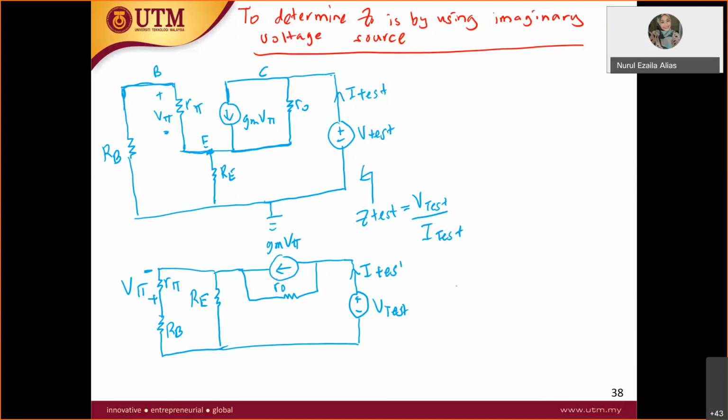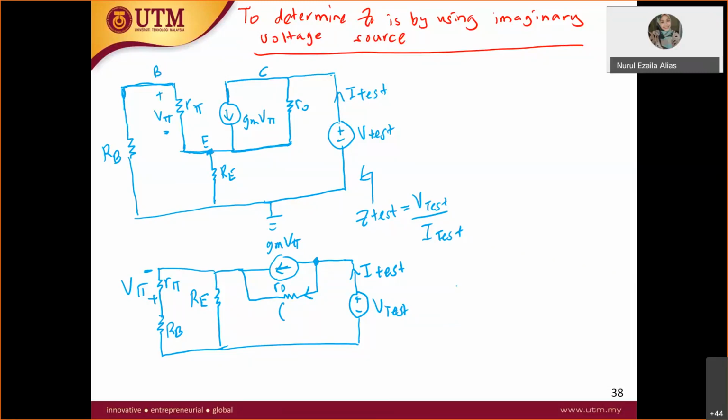So you have I test. For example, at this point you have the current source GMV pi. At this point, what will be the current? If we do KCL here, students, what will the current at R naught be? Current going in equals current going out from this particular node.